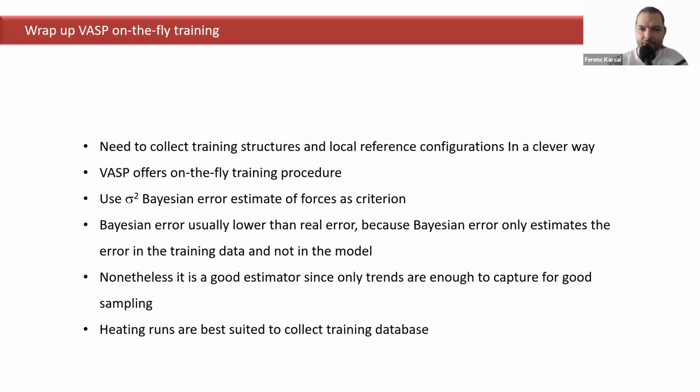The Bayesian errors are usually lower than real errors, because Bayesian errors only estimate the error in the training data, but not in the model, like cutoff radius and descriptors, for example. Nonetheless, this Bayesian estimate is a good estimator, since you only need to capture the trends for a good sampling. And lastly, for VASP, one should use heating runs for our automatic threshold determination. Otherwise, you can get stuck with too few training data and end up with a bad force field.